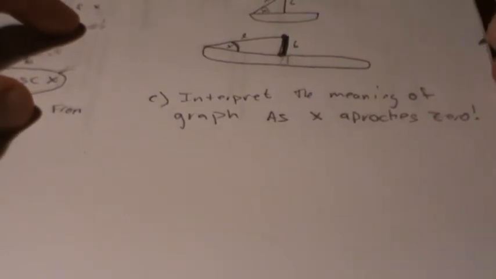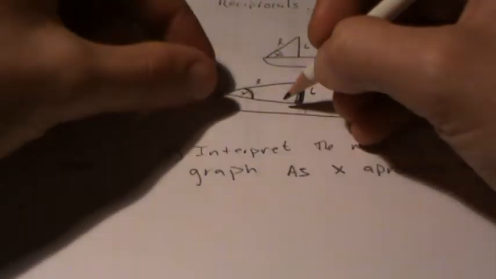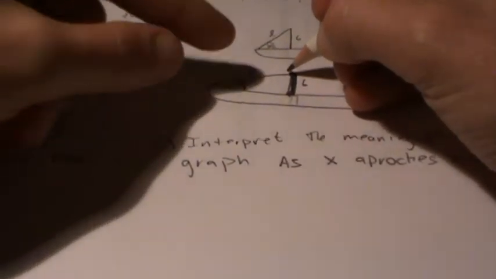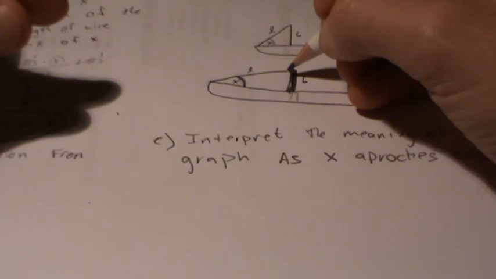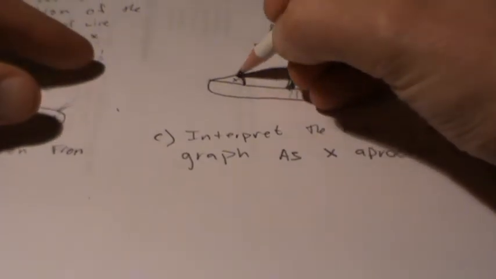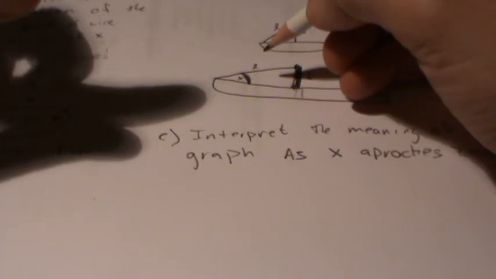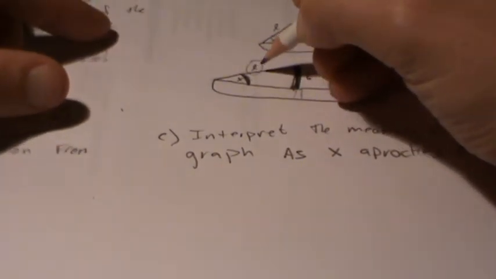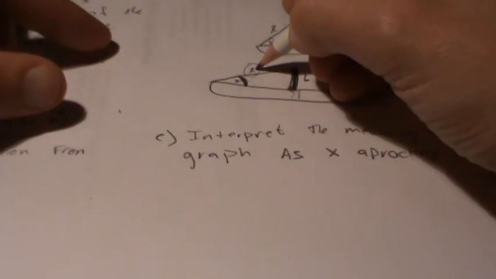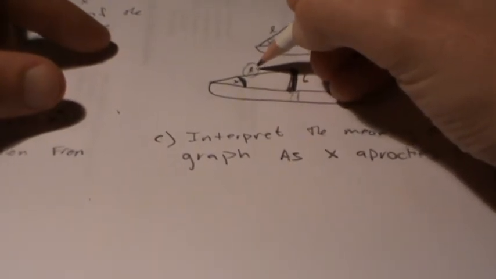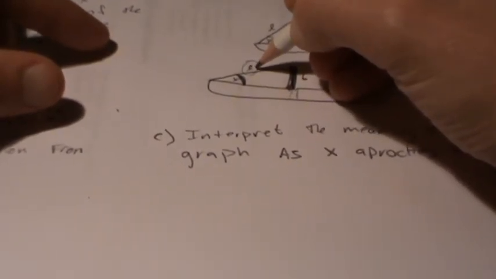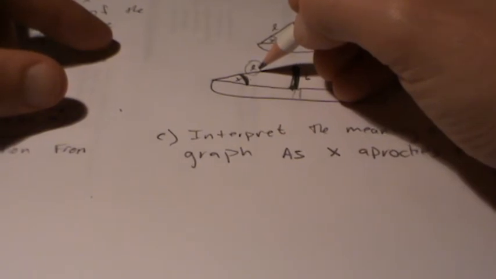I've already basically interpreted that. What that implies is that the length of the boat will become infinitely long, because if I've got an infinitely long boat, then my angle here becomes really, really small, or infinitely small. And then the length of my wire would become infinitely long as well.